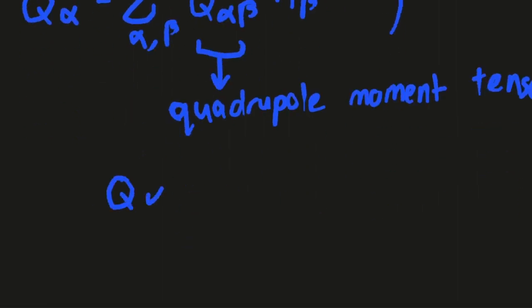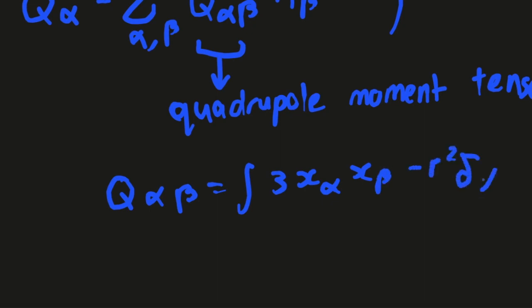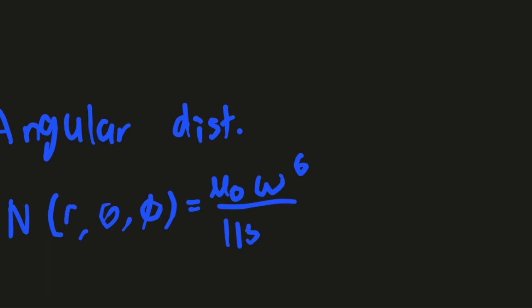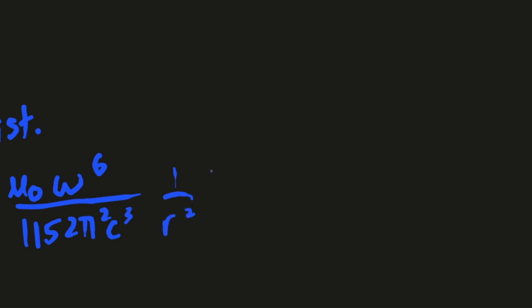So this contributes an angular distribution of one five two squared c cubed over r squared.